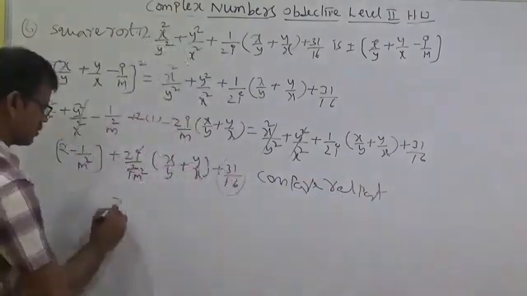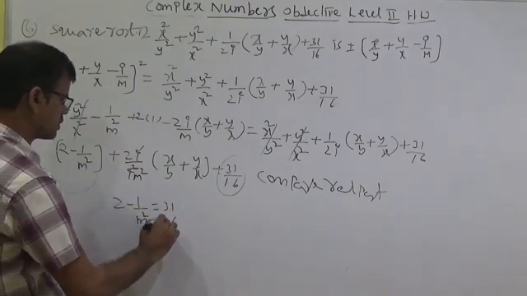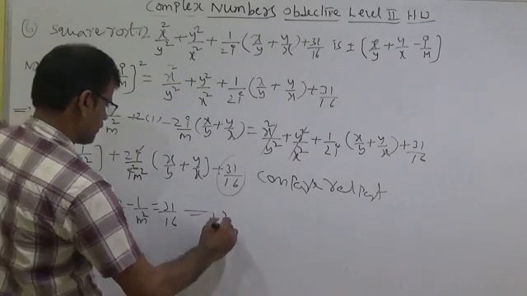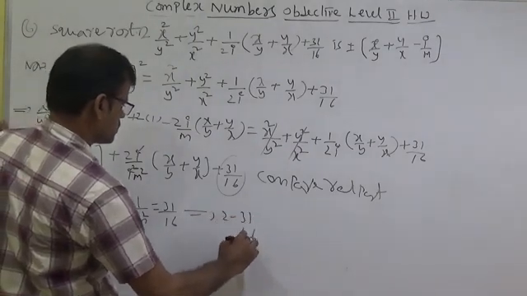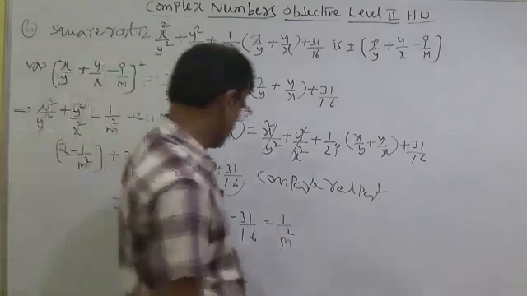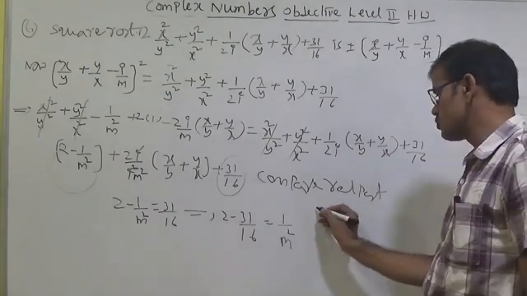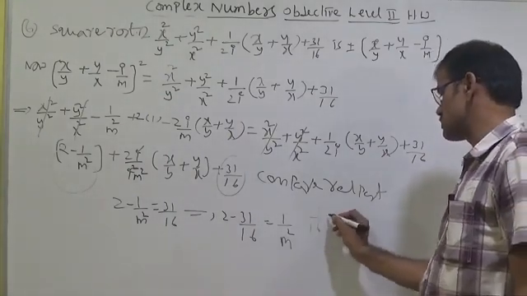Compare real part. So 2 minus 1 by m square is equal to 31 by 16. Write like this: 2 minus 31 by 16 equal to 1 by m square. 16 2s are 32, 32 minus 31 becomes 1 by 16.